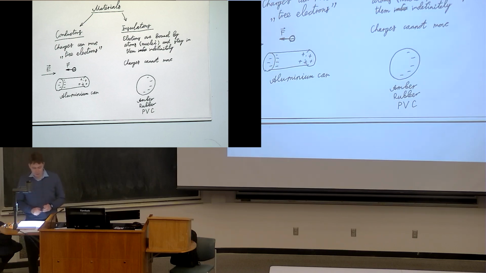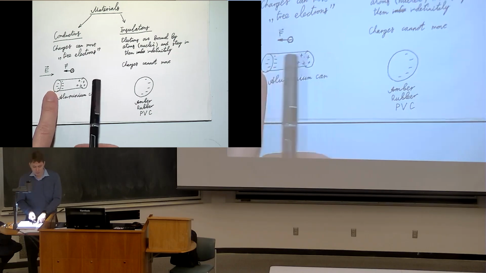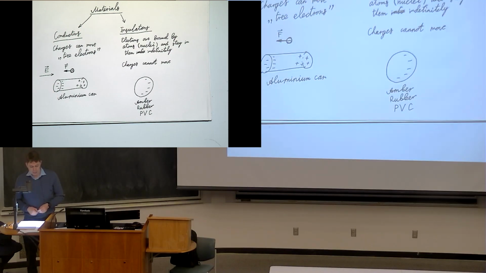That's an interesting observation. From just conducting that experiment, we cannot tell the sign of the charges of the particles that are moving inside. All right, are there any questions about this?